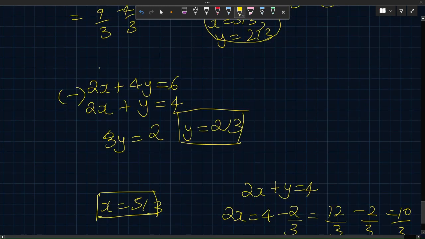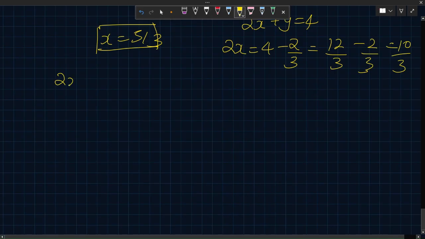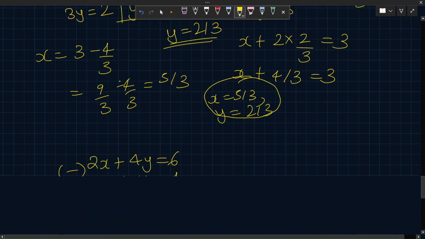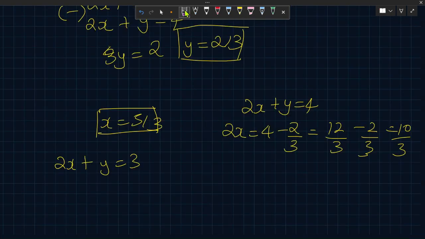In the same equation, if I have 2x plus, what was my equation? 2x plus y is 3, I believe. No, sorry.